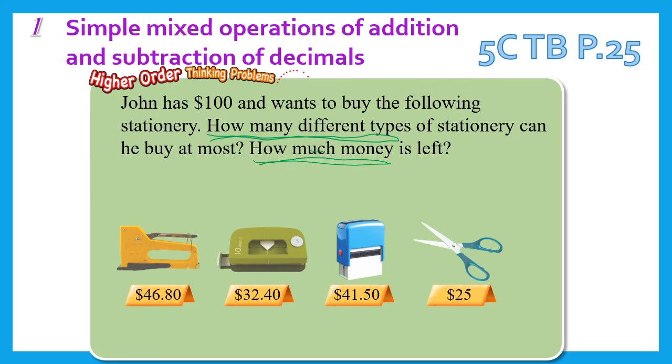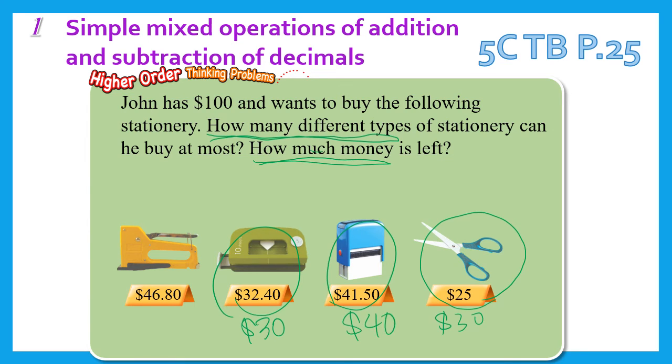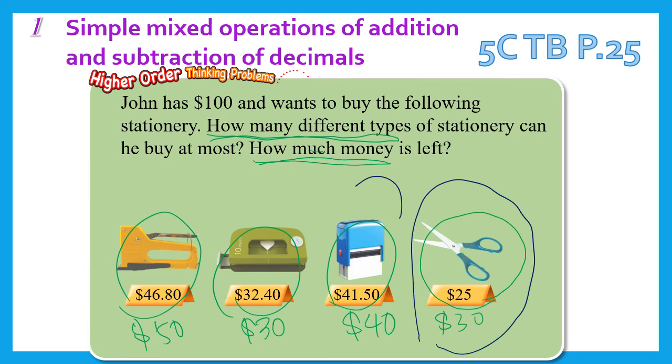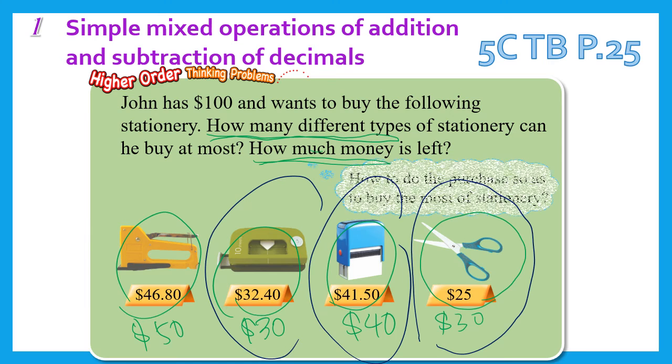You just find out how many of the cheapest ones he can buy. This one is around 30, this one around 30, this one around 40, and this one around 50. So John may buy these 1, 2, 3 stationery. That's my guess, and you can check the answer after you do some calculation.